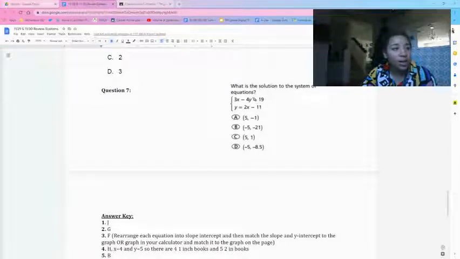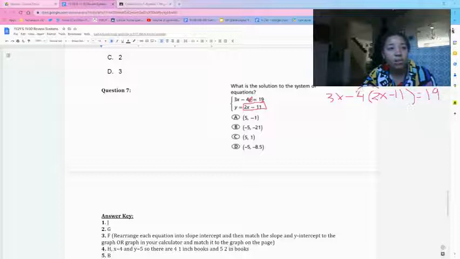We see that y equals 2x minus 11. So we can do 3x minus 4, and then we're going to plug this in for y. So this would be 2x minus 11, and this equals 19.